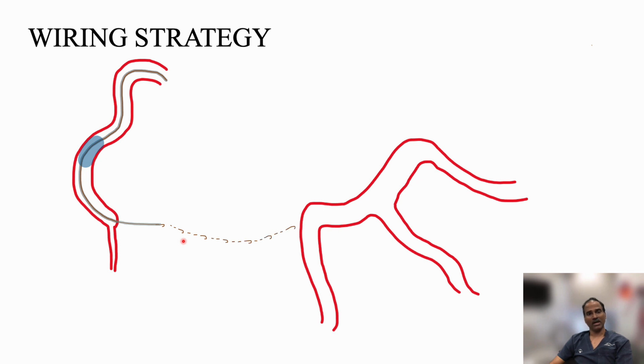Advance the knuckle till it crosses the loop and becomes in a straight line with your distal RCA. It can go in this direction, or it can go like this if the vessel is straight, and it can go like this if the vessel is showing a loop like this. This part we are not clear about, however our advancement of the knuckle is till the point where it is coaxial with your distal vessel, which is visible from retrograde injection.